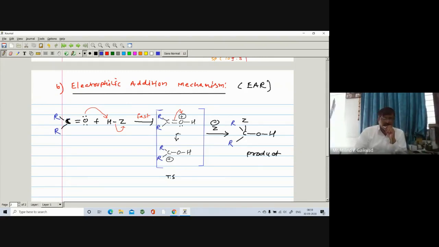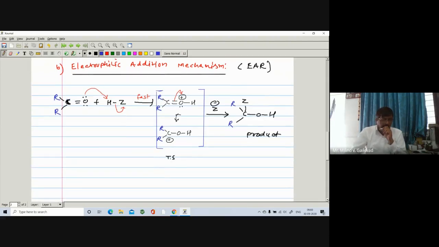So this is about the electrophilic addition reaction mechanism. So you have seen the two types of mechanism: electrophilic addition mechanism and nucleophilic addition mechanism. Nucleophilic addition mechanism is the common one, right? So in this topic we learn only the nucleophilic addition mechanism.